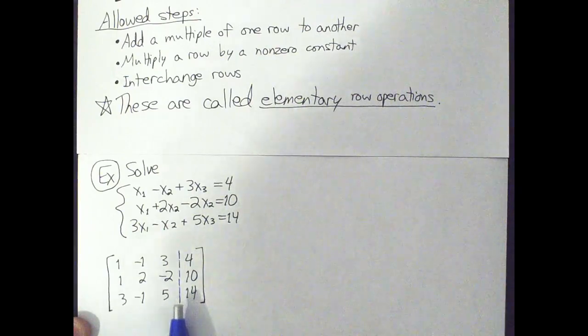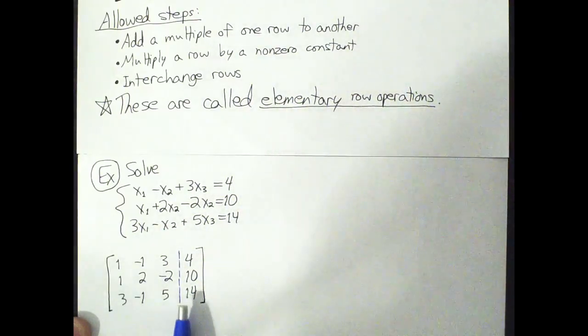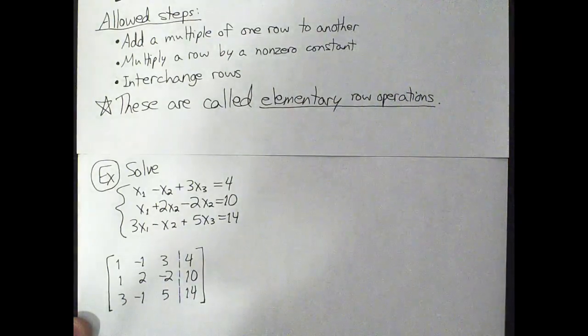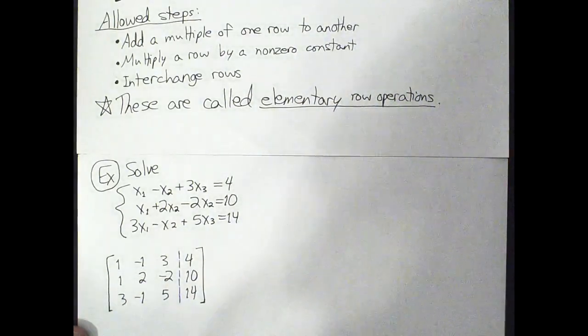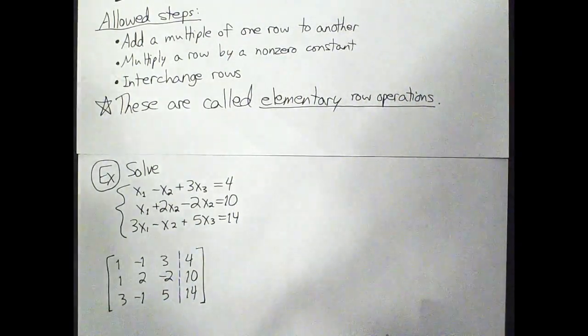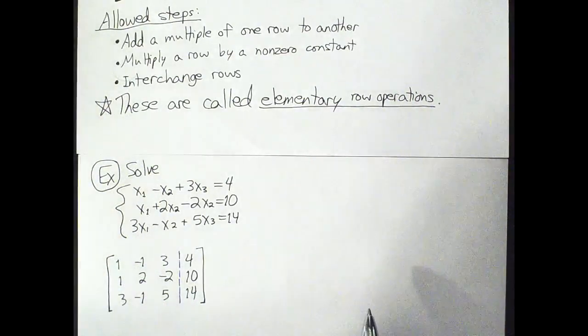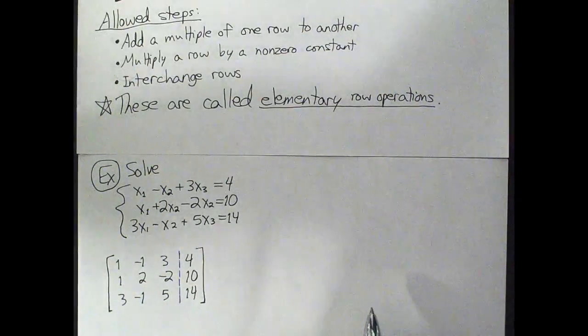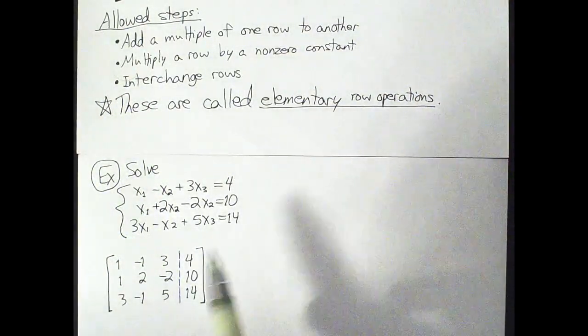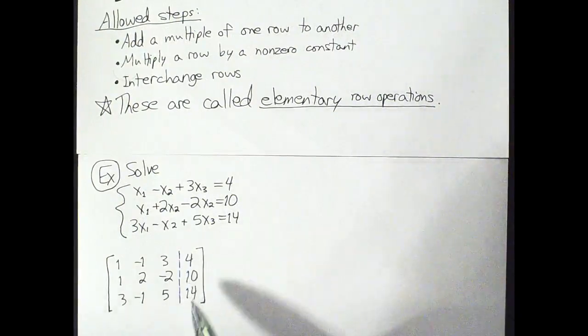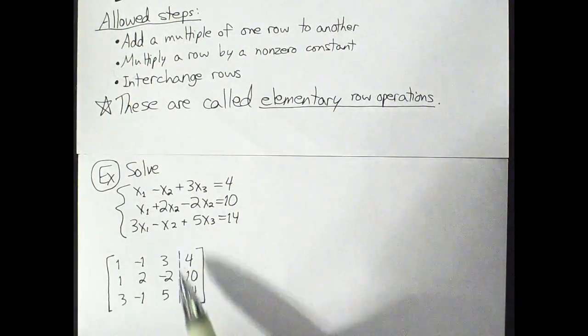Drawing that line is optional. I usually won't do it, but that was just a little discussion about why it's called an augmented matrix. If you see a line like that, it's really just a marker to separate left-hand side from right-hand side. But if we know that the right-hand side is always the final column, the last column, then we don't really need a line there.